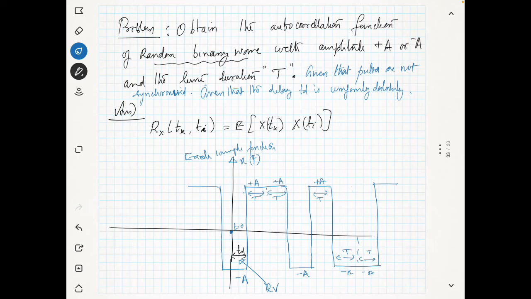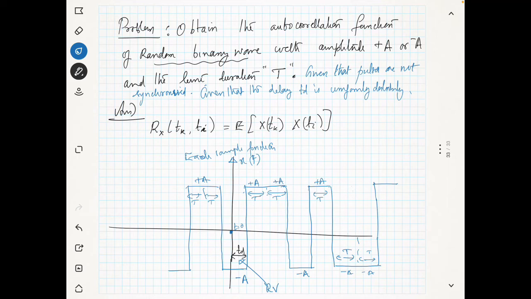So different sample functions will have different td. So this is plus a, like this, for t, and this is again t, like this. This is the structure. So this starting point will not be similar. Sometimes the starting point is minus a, sometimes plus a, and sometimes this td will be, for example, 0.1 second, sometimes 0.2 seconds, so the pulses are not synchronized. So in that case, how can you find the autocorrelation function?